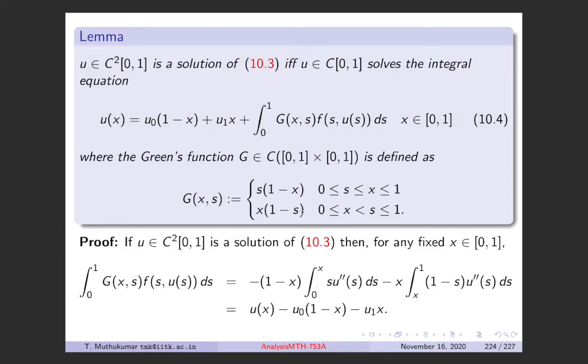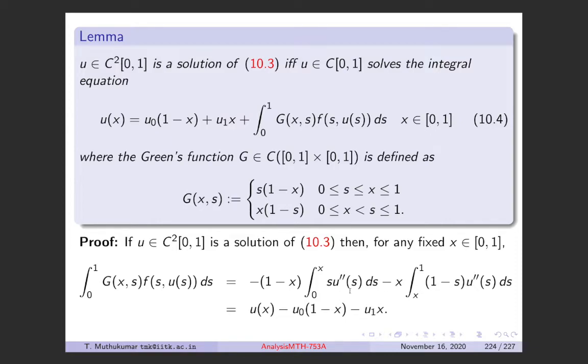By just using this definition, we have this. And since the ODE is satisfied, we have replaced f(s, u, s) by using the ODE 10.3. We replaced it by u double prime, which is what our ODE was.